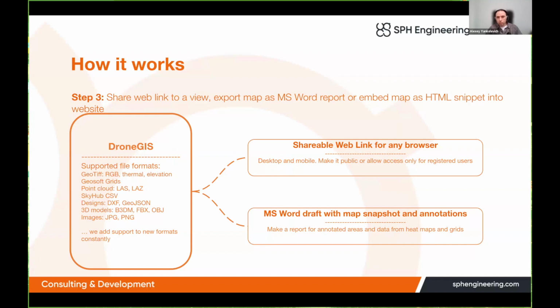First of all, you can share a web link to your project, which can be opened on almost any type of the browser, desktop and mobile browser, or another way for some special occasions, you can just export good old Microsoft Word with a snapshot of the map and with some annotations, which you can deliver to people who used to such type of deliverables.